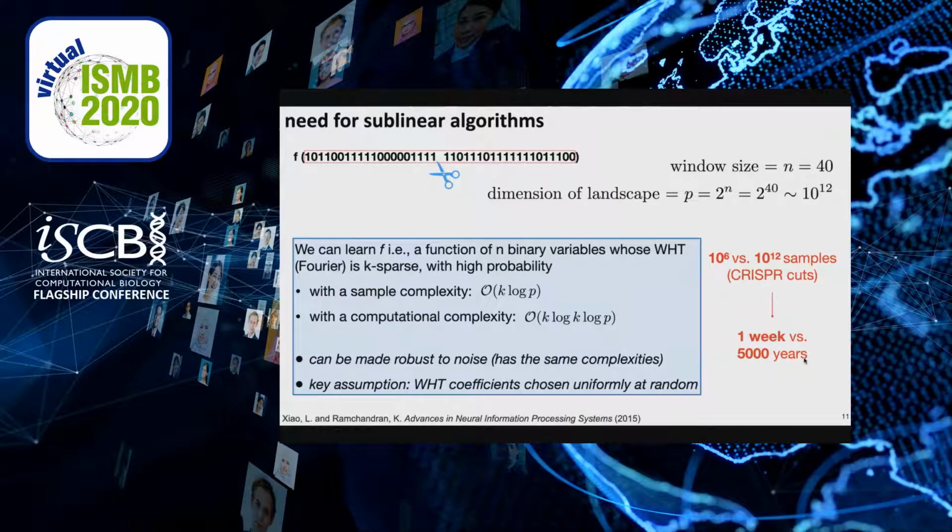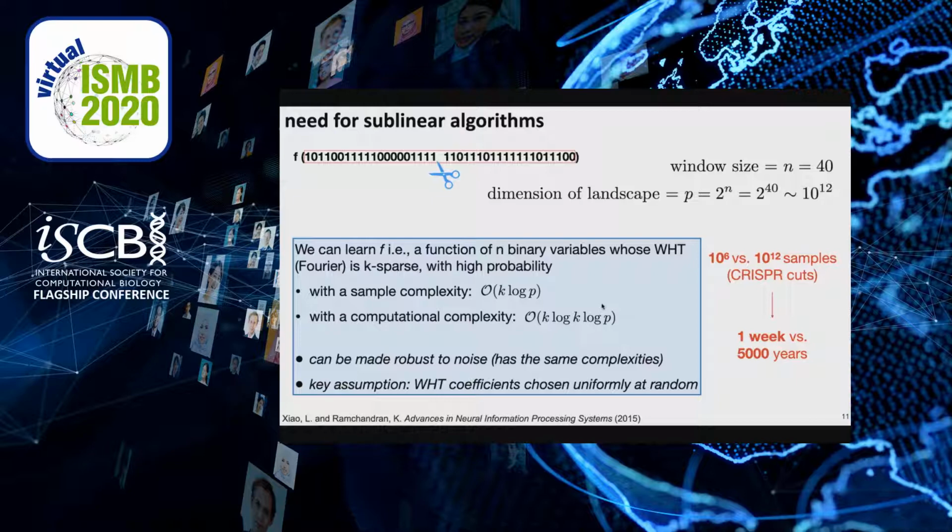Fortunately, fast and sample efficient algorithms have been developed using ideas from signal processing and coding theory, which can learn the landscape F in sublinear time and sample complexity, provided that F is sparse in the spectral domain. And this is something that we have already seen happens in the CRISPR DNA landscape.